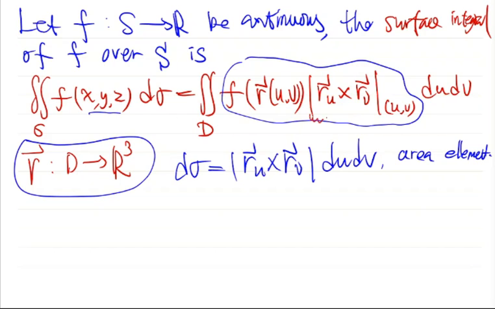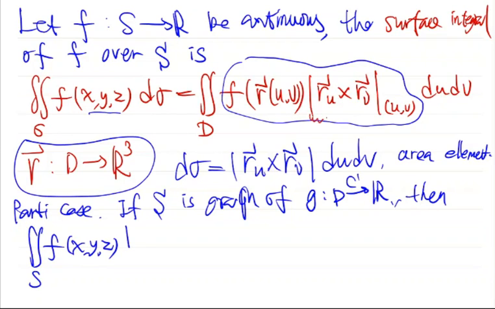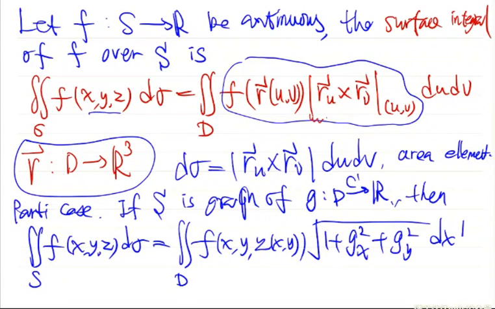So a particular case: if S is the graph of a function g, say one function, then you can check that the integral of f(x, y, z) d sigma is the double integral of f(x, y, g(x, y)) times the square root of 1 plus g_x squared plus g_y squared dx dy.